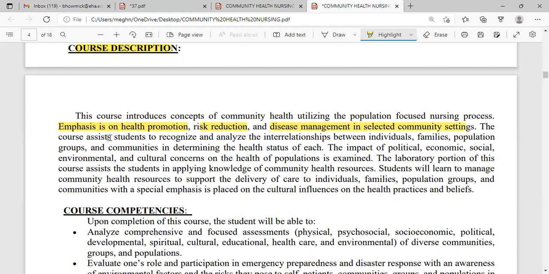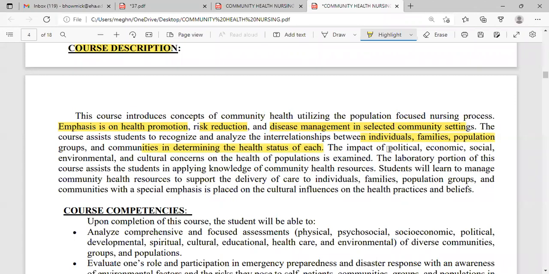The course assists the student to recognize and analyze the interrelationship between individuals, families, populations, groups, and communities in determining the health status of each.